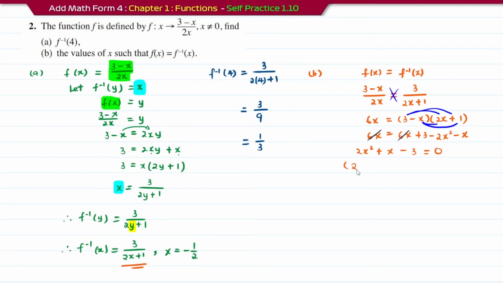So you're going to have 2x plus 3, and another bracket x minus 1, equal to 0. This means 2x plus 3 equal to 0 or x minus 1 equal to 0. So here x will be equal to negative 3 over 2 or x is equal to 1.